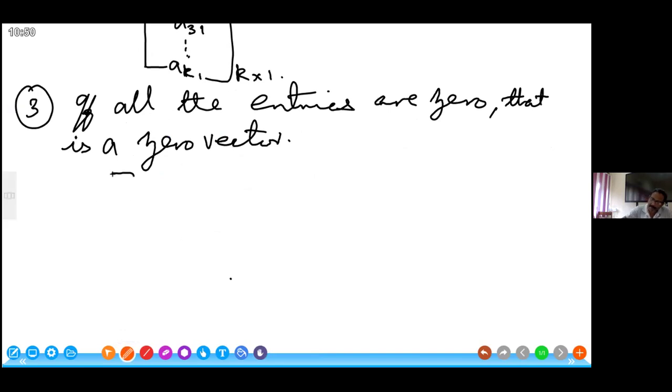For example, all the values are 0. This is k into 1.